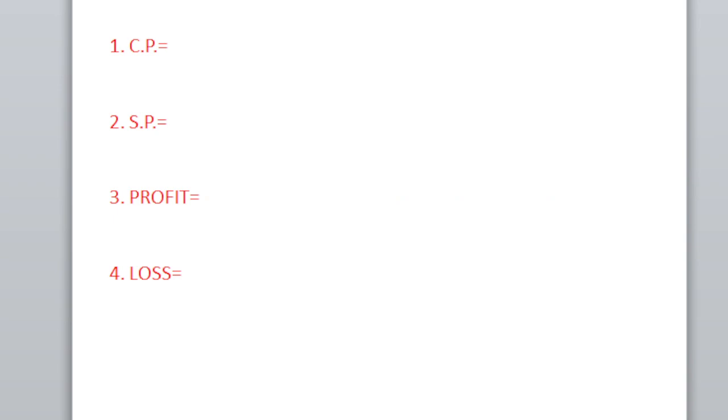Now, CP. Here, CP means cost price. Now, what is cost price?